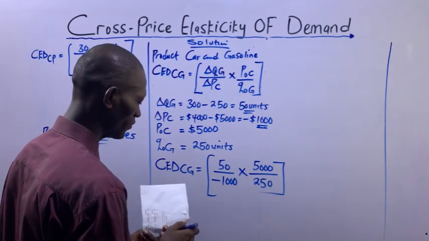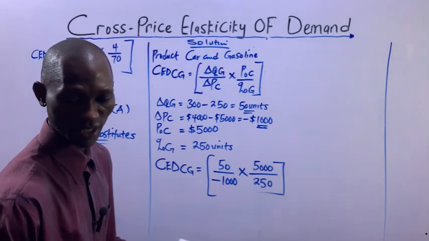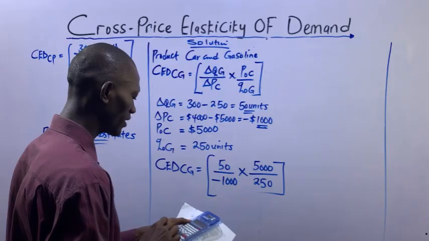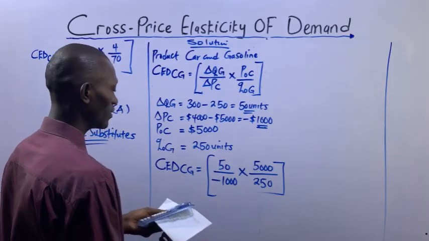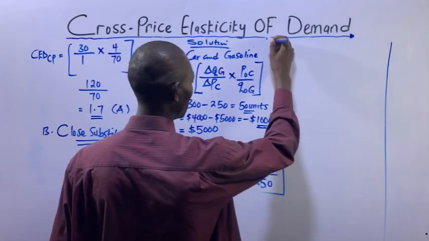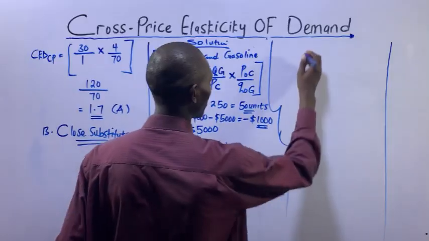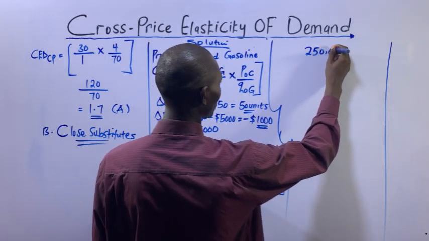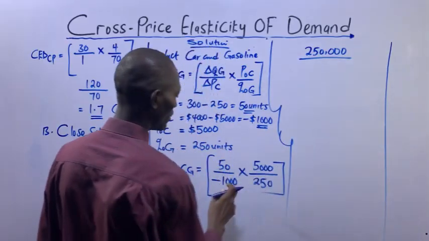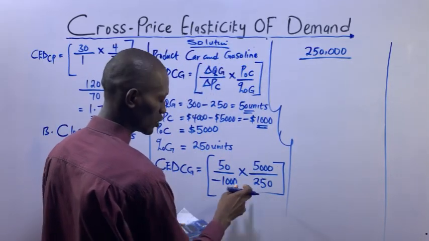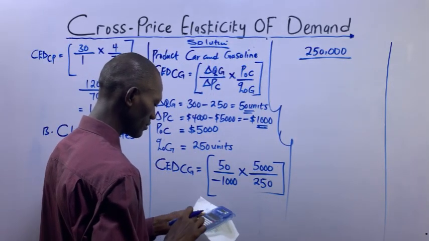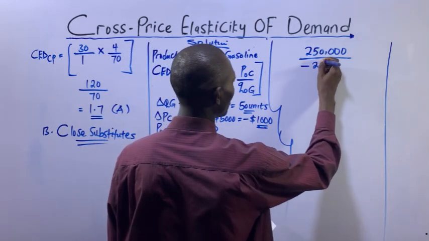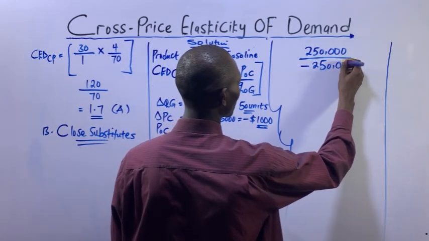So 50 times 5,000. Let's do that using our calculator. 5,000 times 50 is 250,000, divided by minus 1,000 times 250. 250 times minus 1,000 gives us minus 250,000.